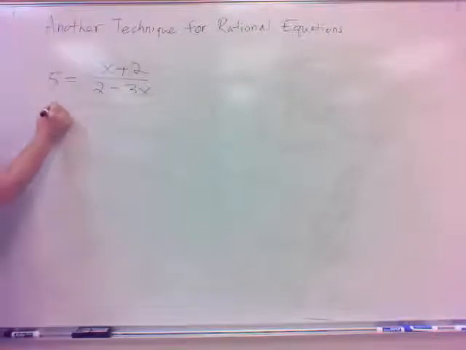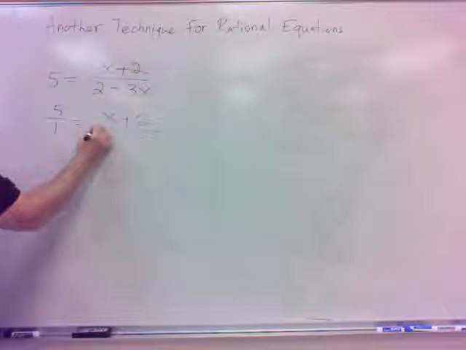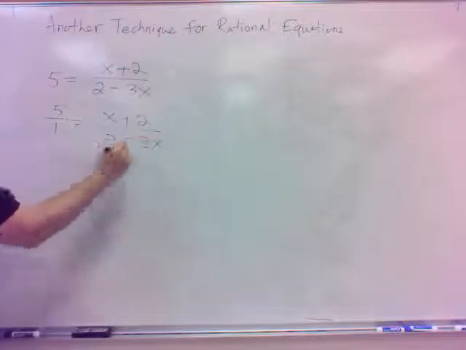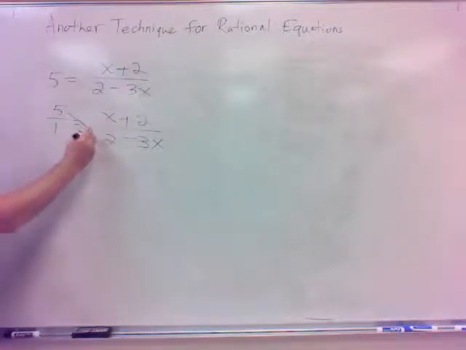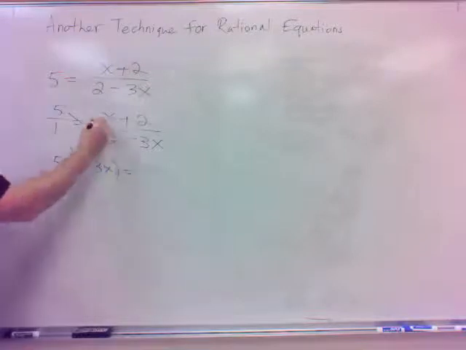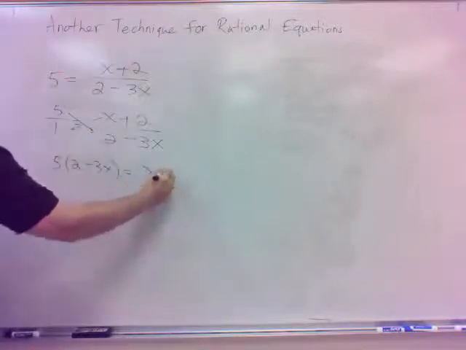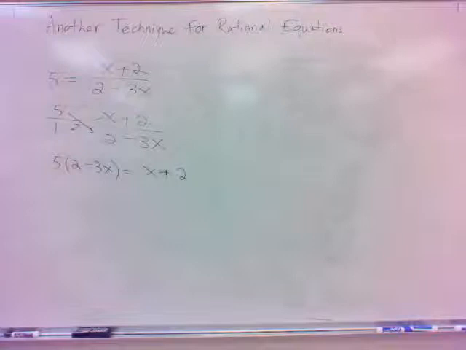Just think of 5 as a fraction, 5 over 1. Rewrite it like so. We can cross multiply, can't we? You've got one fraction equals another fraction. Take the 5 times the 2 minus 3x, and then x plus 2 times 1 is just x plus 2.